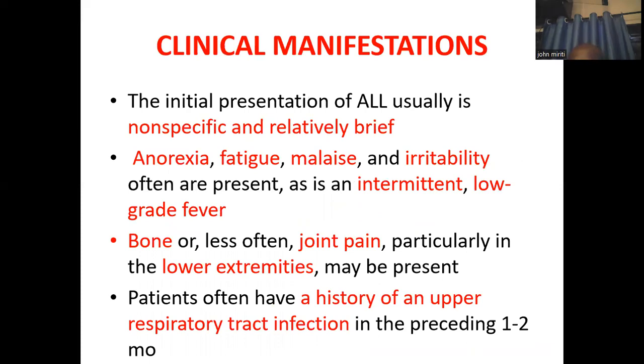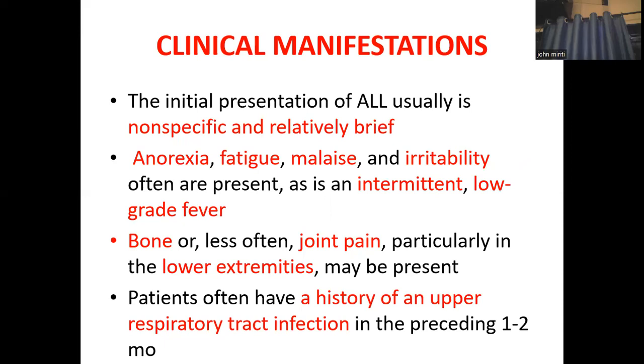The initial presentation of acute lymphoid leukemia is usually non-specific and relatively brief, and patients come with what we call vague symptoms in the hospital. Most of these are things like anorexia, fatigue, malaise, irritability, and also intermittent low-grade fever, bone or less often joint pain, particularly in the lower extremities.